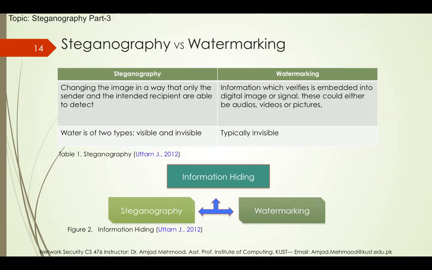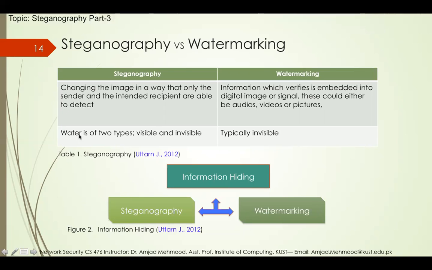Now, steganography versus watermarking. What are the differences between these two? Steganography changes the image in a way that only the sender and the intended recipient are able to detect. Whereas in watermarking, information which verifies is embedded into a digital image or signal. These could be audio, video, or picture.